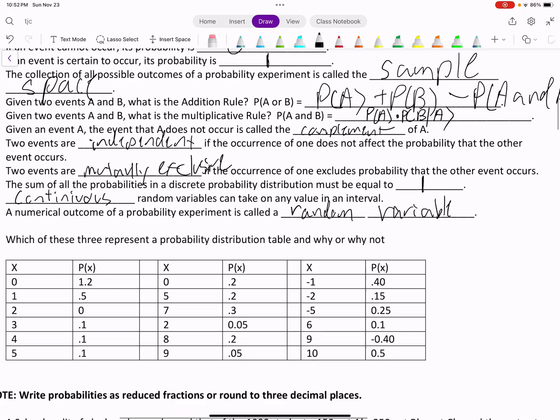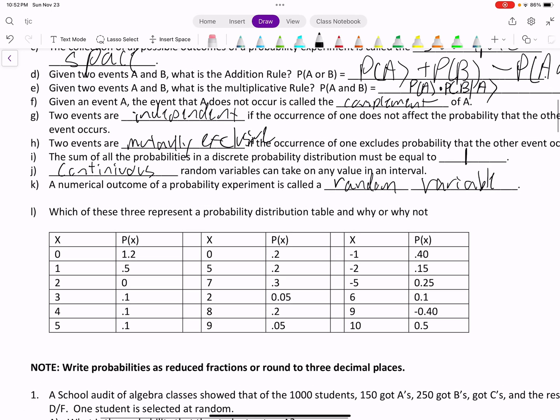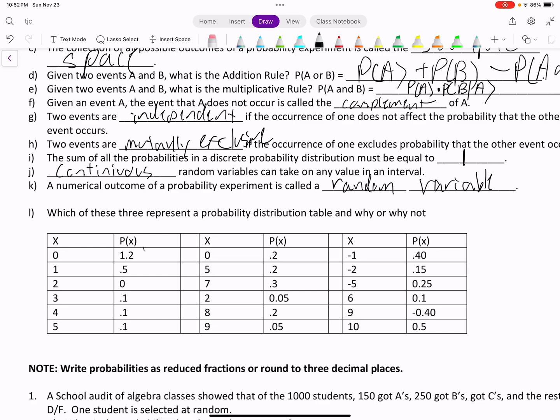And then the sum of all the probabilities has to add up to 1. So the first table fails for various reasons, but the big one here is that you can't have a probability of 1.2.